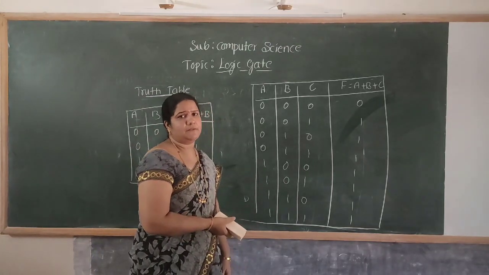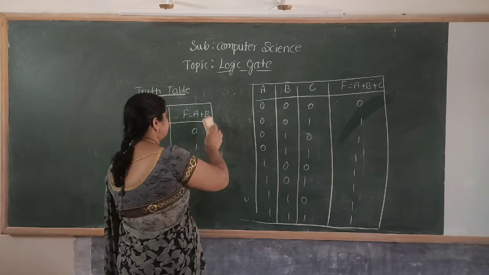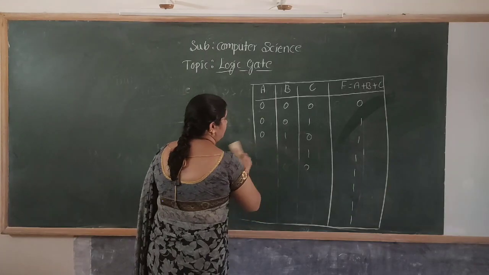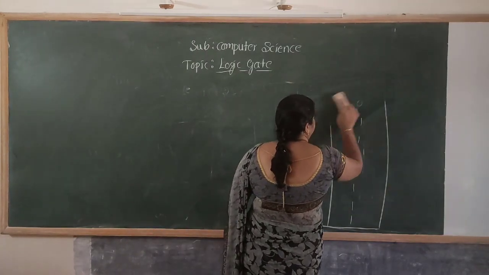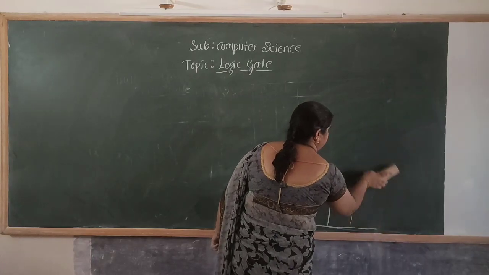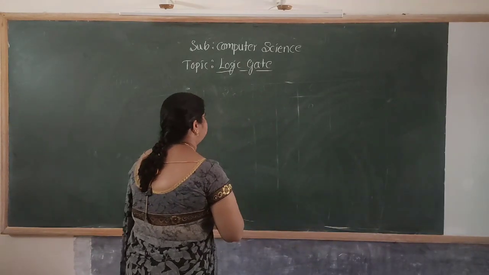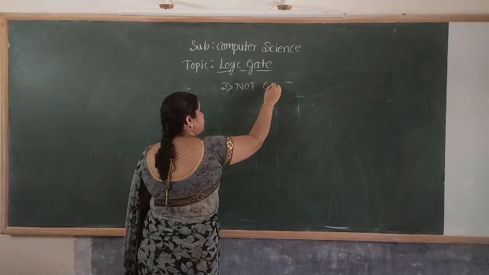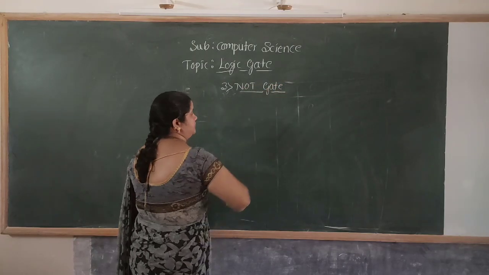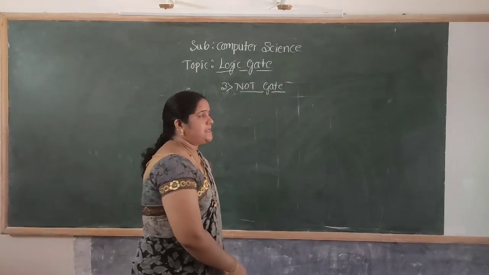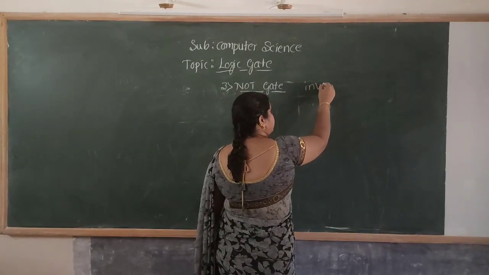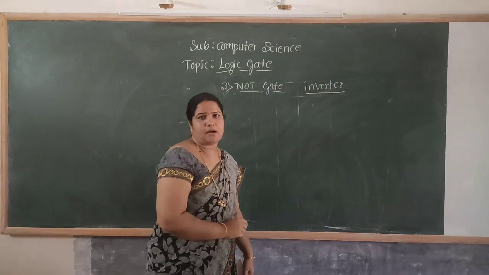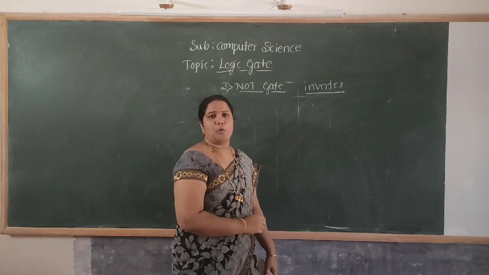And the next one will be the NOT gate. The NOT gate is called an inverter because the input signal is not the same as the output signal.